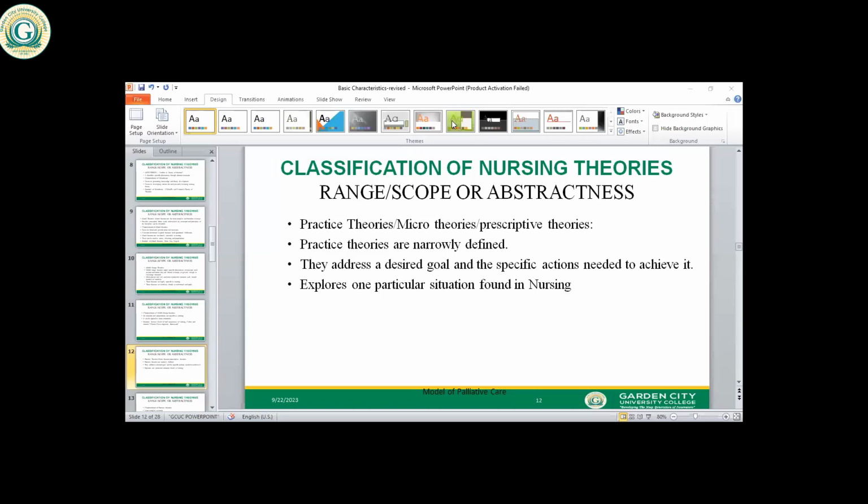Please, Madam, I would like to know whether under the practice theory or micro theory, whether we can classify Virginia Henderson's theory in nursing as one of them.